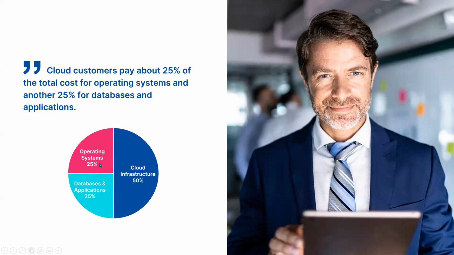For Windows Server, you can easily pay 25%, or typically even more. And also databases and applications, of course, if you do pay-per-use, come at some cost. So this is a good rule of thumb, and notably software costs can sum up to 50% of your cloud costs, so it's worth looking into it.